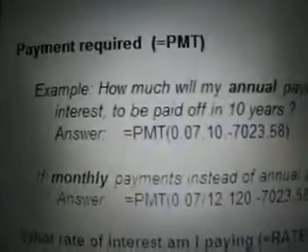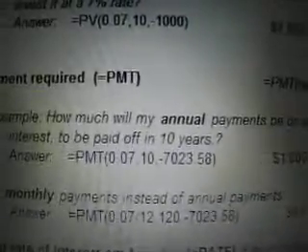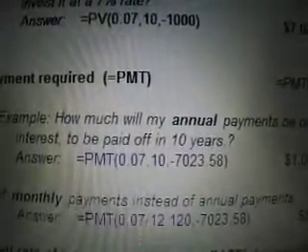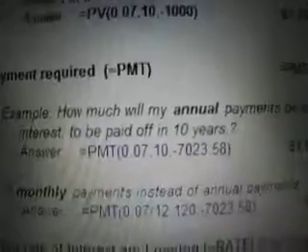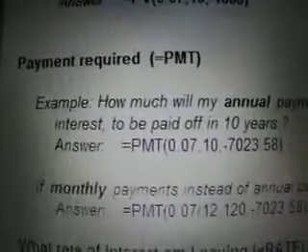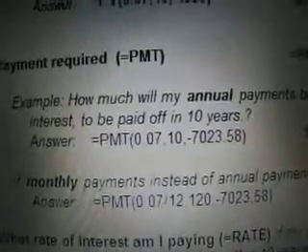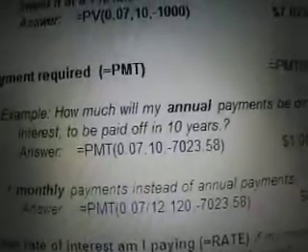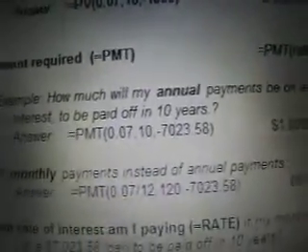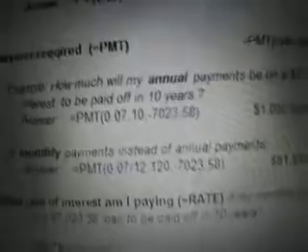Adjustment number two will be that 7% rate is the annual rate. But then we need the monthly rate. So we are going to divide the 7% annual rate by 12. So we are going to go back to the function, look for the payment.